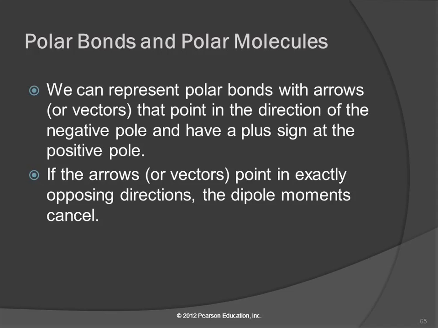That amounts to vector addition, if you remember that from math class. Those arrows point in the direction of the negative pole of the polar bond, with the plus sign at the positive end. If we have arrows going in exactly opposite directions, they're going to cancel each other out. A vector is a direction and a magnitude.